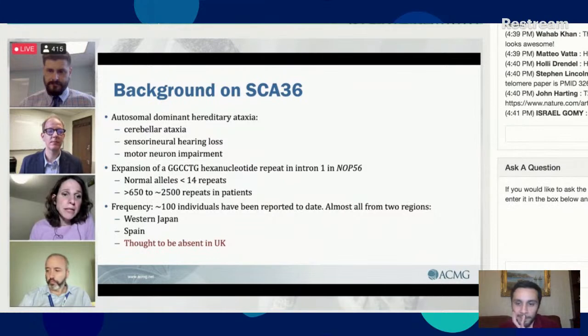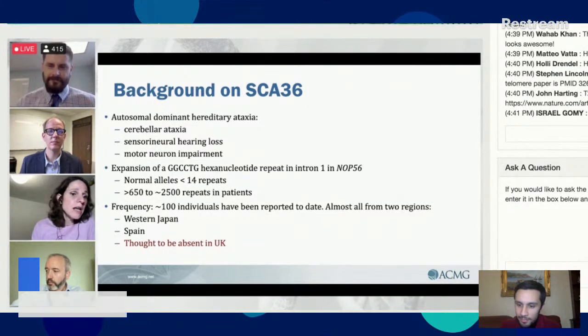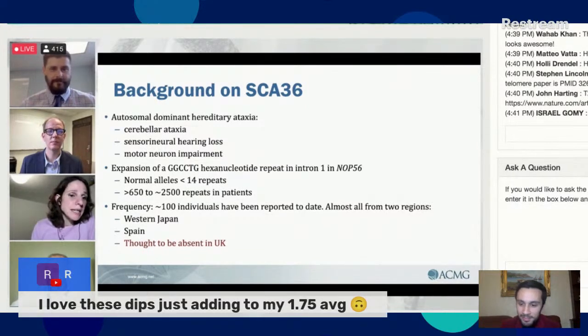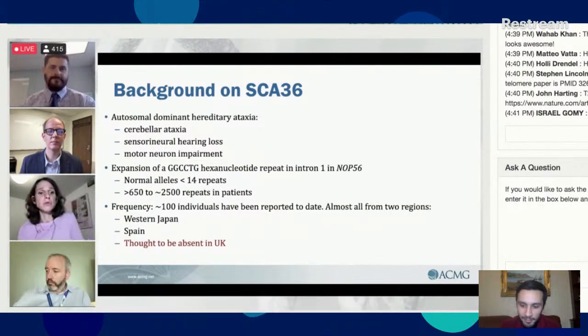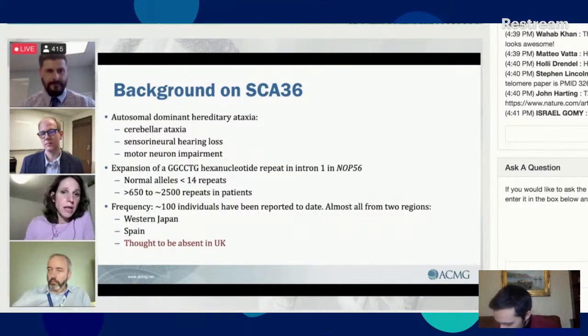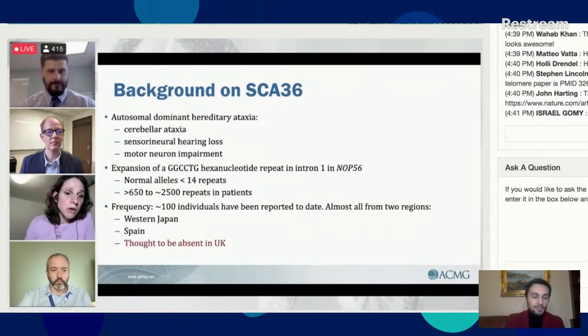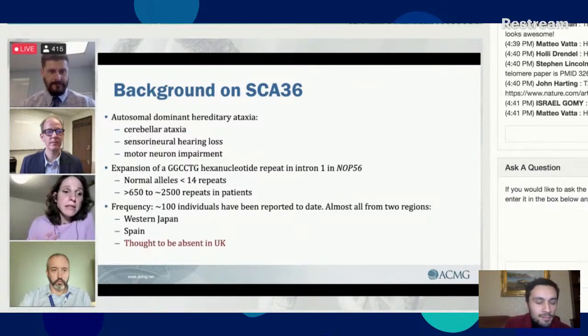As we said, expansions in a hexanucleotide, GGCCTG, in intron 1 of NOP56 cause SCA36, with normal alleles being shorter than 14 repeats and larger alleles being larger than 650, all the way up to over 2,500 repeats. SCA36 has been described in about 100 individuals, mainly from two regions, Western Japan and other parts of Asia, and Spain.